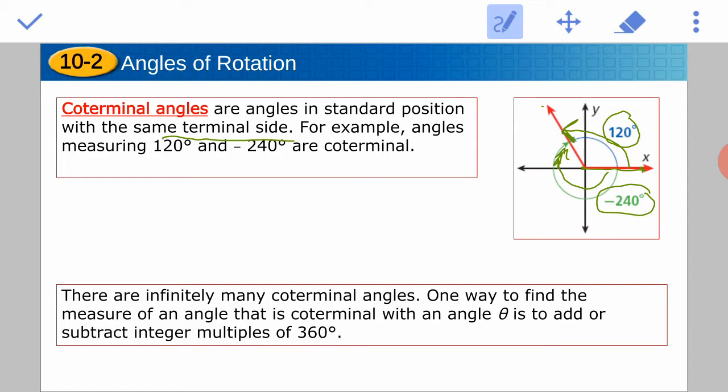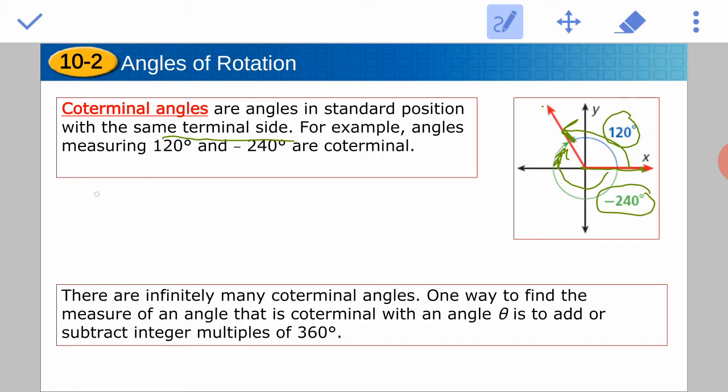Guys, there are infinitely many coterminal angles. Don't think 120 and -240 are the only 2 coterminal angles. There are infinitely many coterminal angles of the same original angle.